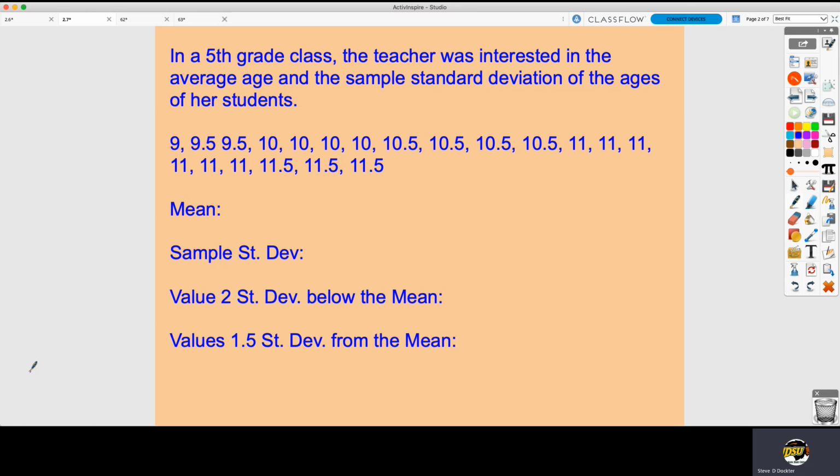What this is showing is L1 is the actual data points, L2 is how many of each one we have. So then we want the calculator to go work for us. Go back to Stats. We want it to calculate. We only have 1 variable, so we're going to put that there as L1. Hold on just a second.